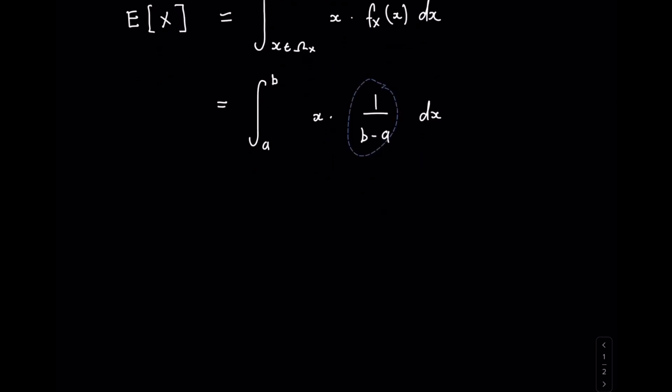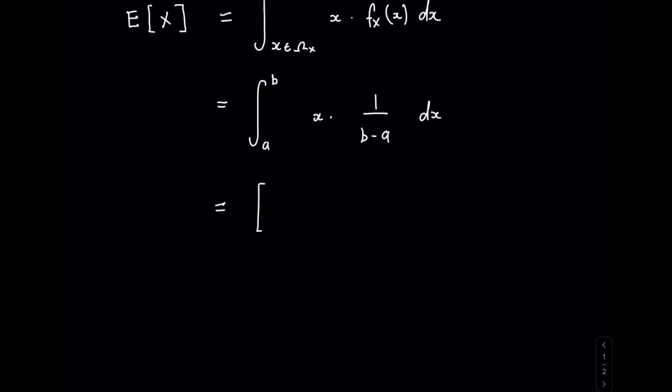Now, in this particular instance, note that 1 on b minus a is a constant with respect to x. So when we integrate, we really just need to focus on the integral of that x there. And when we integrate x with respect to itself, remember we add 1 to the power and divide by the new power.